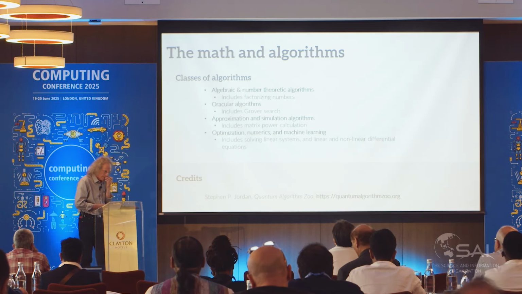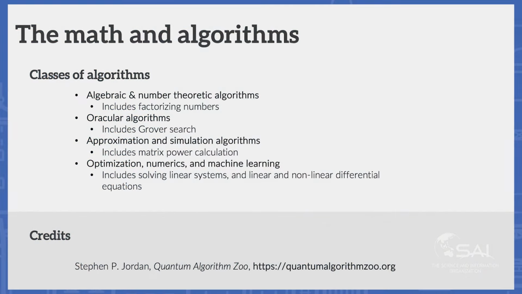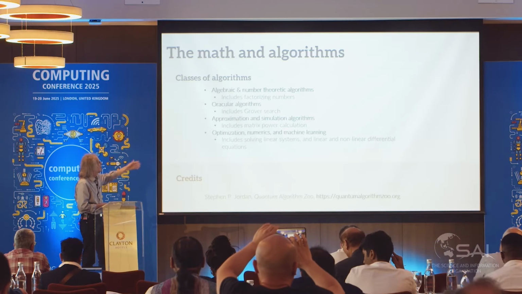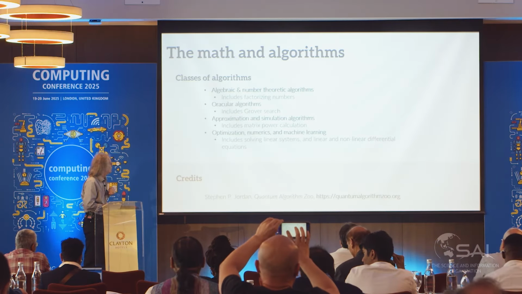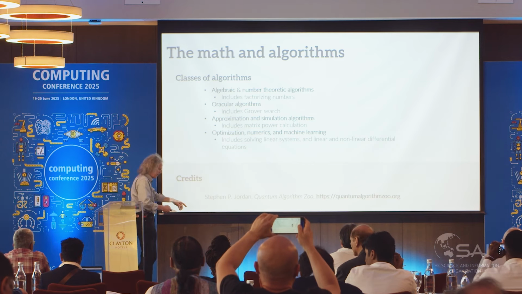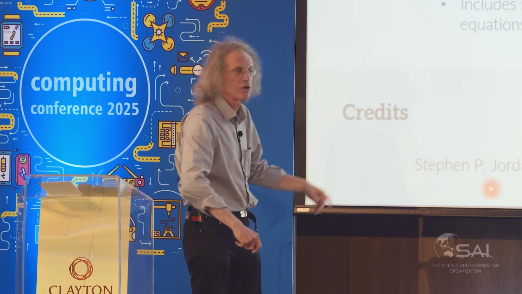To go a little bit more in the direction of applications, which I do not really emphasize a lot, I think we can divide them into about 4 different categories, what you see here. And I really have to mention here Stephen Jordan.